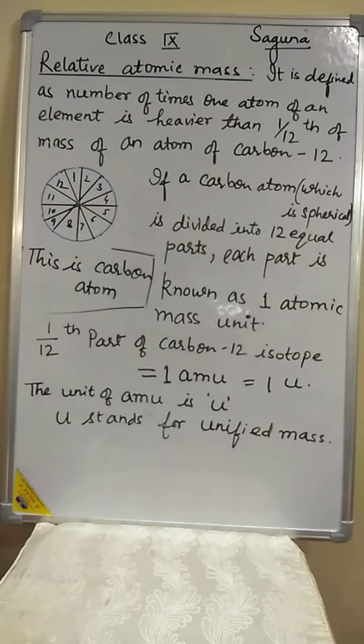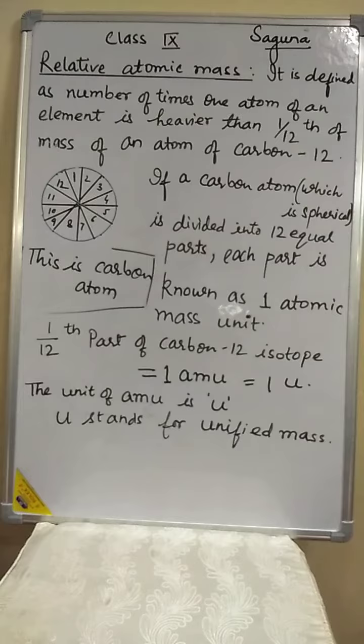If you are expressing this atomic mass in grams, so there you will not be expressing them for one atom. In grams there will be many atoms, students. Suppose 1 U you have written. Now, if you are writing 1 gram, then 1 gram will not be 1/12th part of one carbon atom.